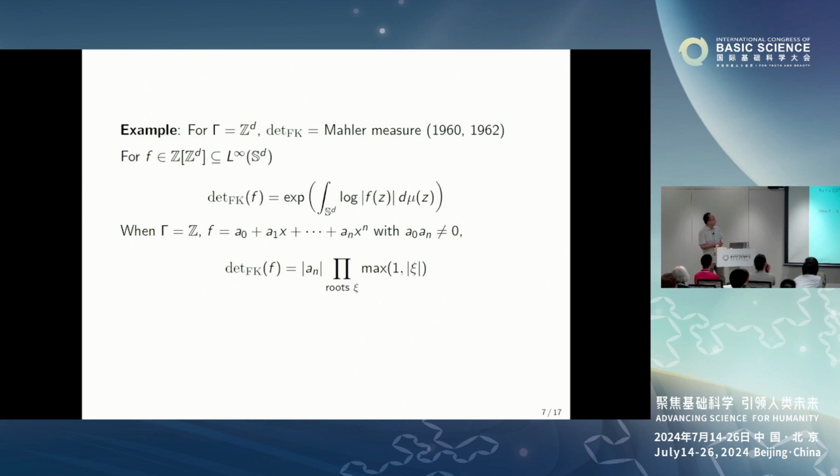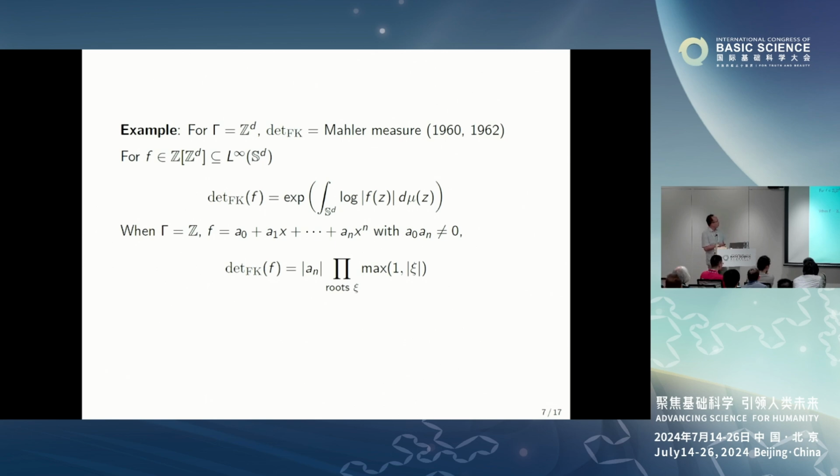When Mahler introduced it, this is basically the way he defined it. But when the group is the integers themselves, in the case d equal to 1, the Mahler measure can be calculated even more explicitly, and this is why it comes up in number theory.